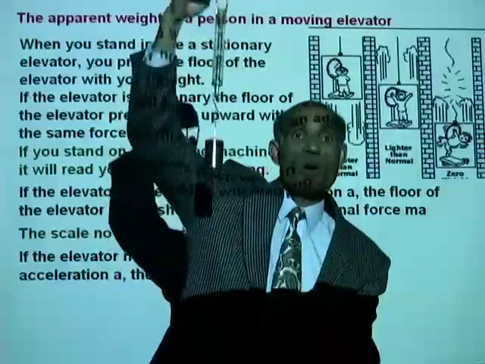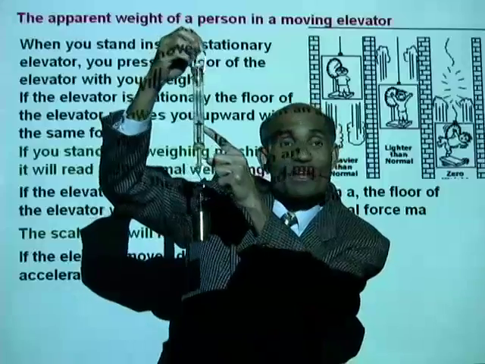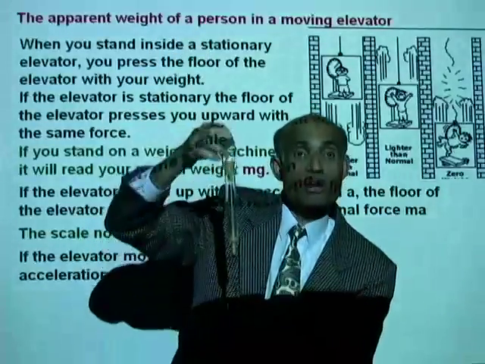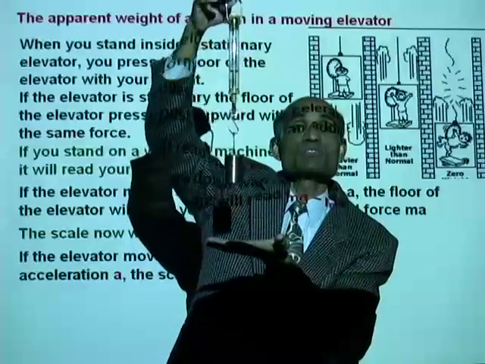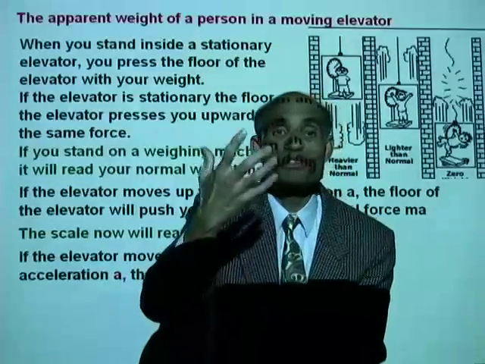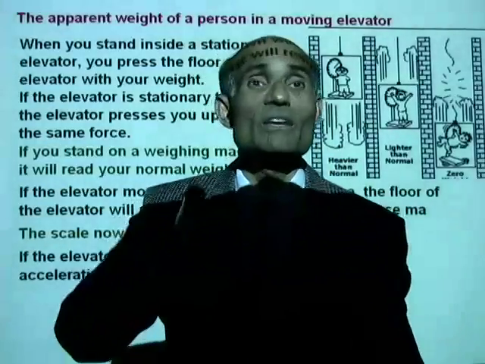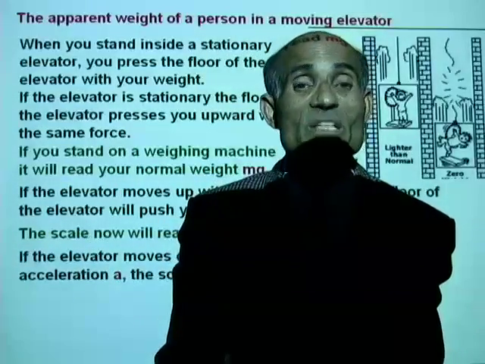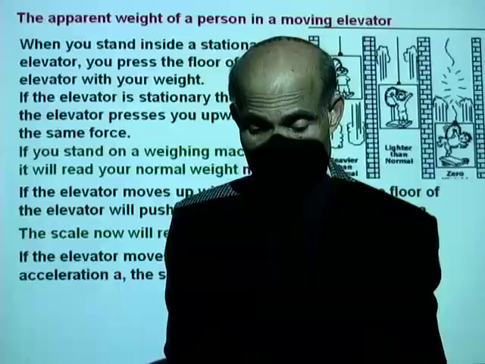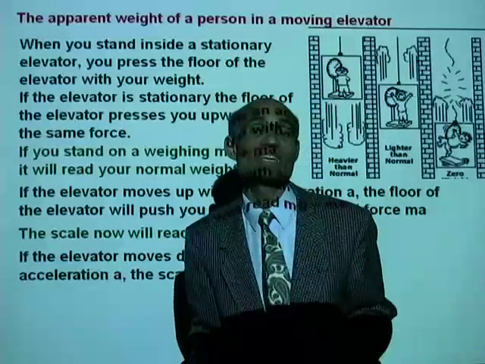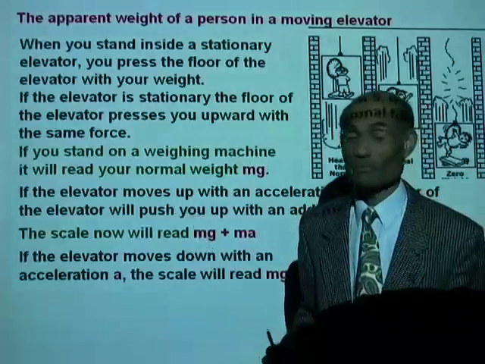You can see the moment I move up, the weight increases. And if I fall, the reading decreases. If I let it go, you can see the reading is 0. While falling freely, this will read 0. So the weight of a freely falling object is 0.